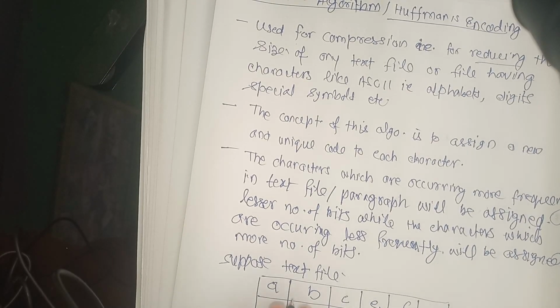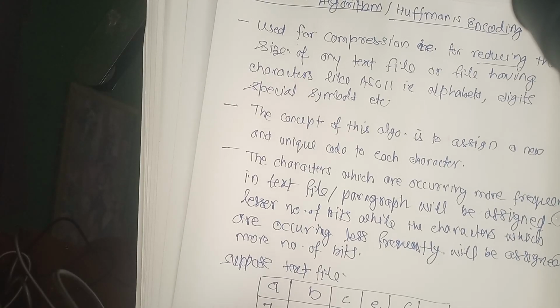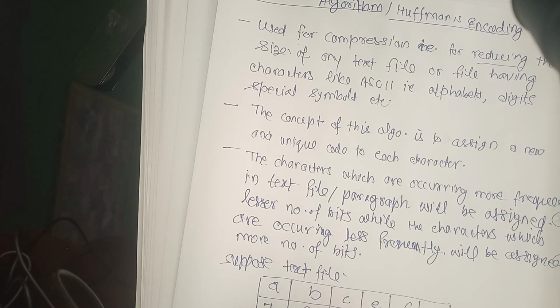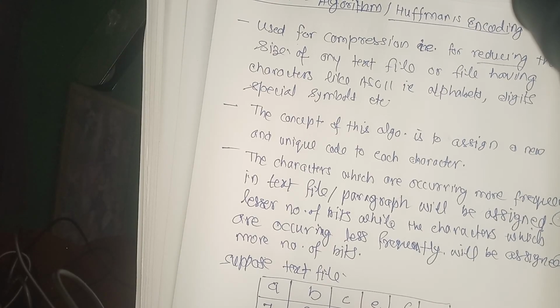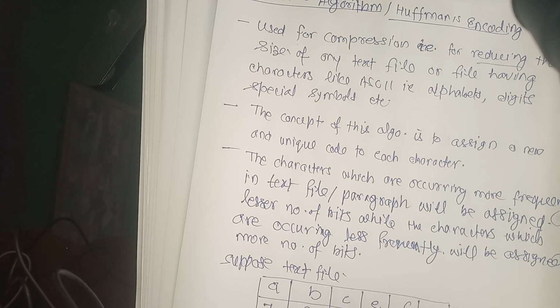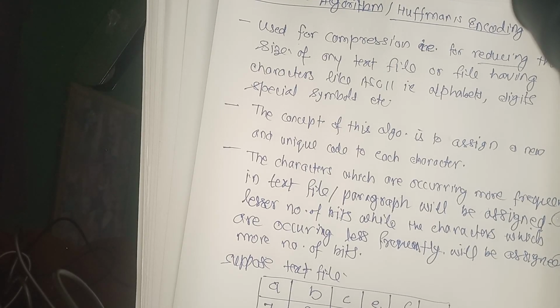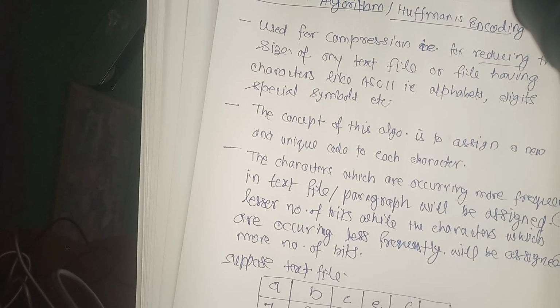Suppose A is occurring 7 times, B is occurring 3 times, C is occurring 6 times, E is occurring 10 times, F is occurring 2 times, and purposely we will take G with the same frequency as B, so G is 3 times.